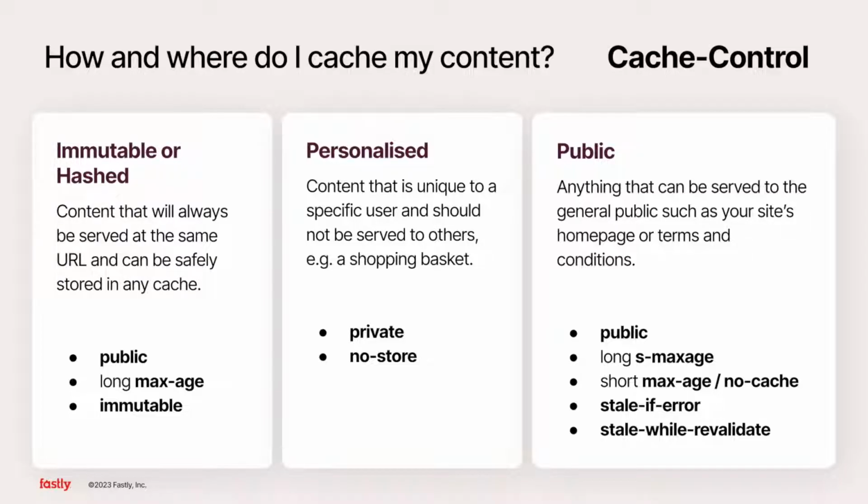So whenever you change even a single byte of that content, it will get a new URL. Sometimes this is done using version numbers instead of checksums, but basically the same principle. Basically, you change the file, you change the URL. And so that means the file is immutable.